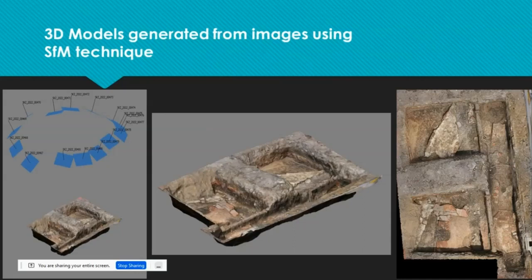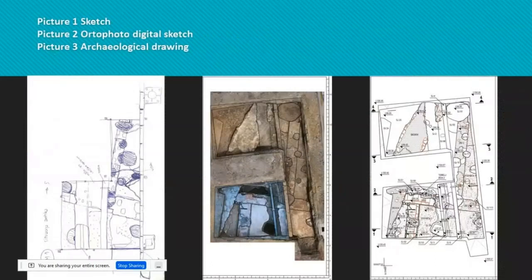This is still a complex workflow, and it feels like the full potential of digital photogrammetry is not yet fully utilized. So here I show several examples where the interpretation point is this sketch. That is where archaeologists just put the sketch. It does not have to be on paper like this. It can be done by some kind of gadget or device, but it's the same. You have to draw.